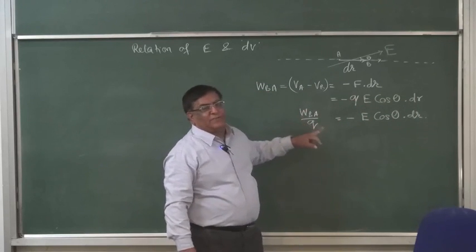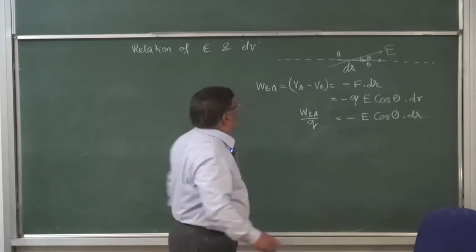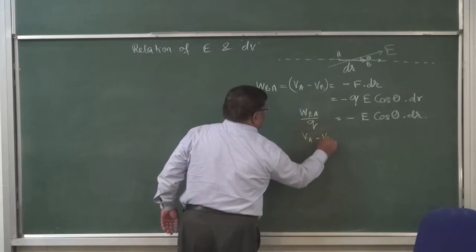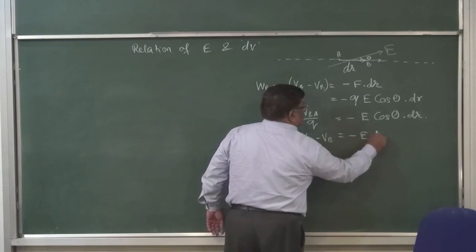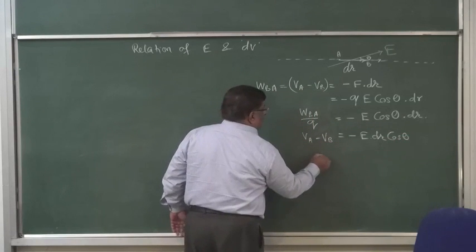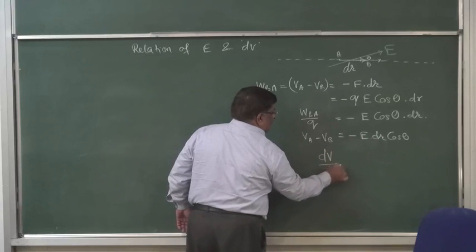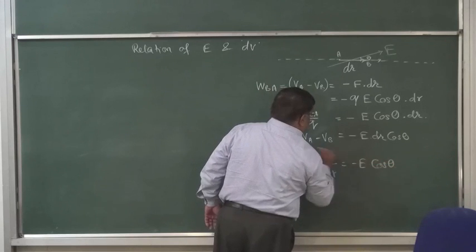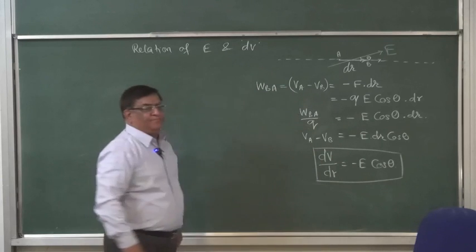Now work done per unit charge from B to A, what do we call it? Potential difference. Potential difference VA minus VB is equal to minus E dr cos theta. Now if this we call dV, then this dr you take here, dV upon dr is equal to minus E cos theta.